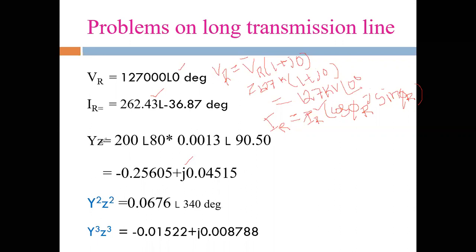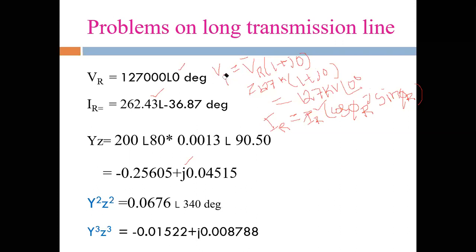For simple calculation, before going to the formula substitution, we calculate YZ, Y square Z square and Y cube Z cube.